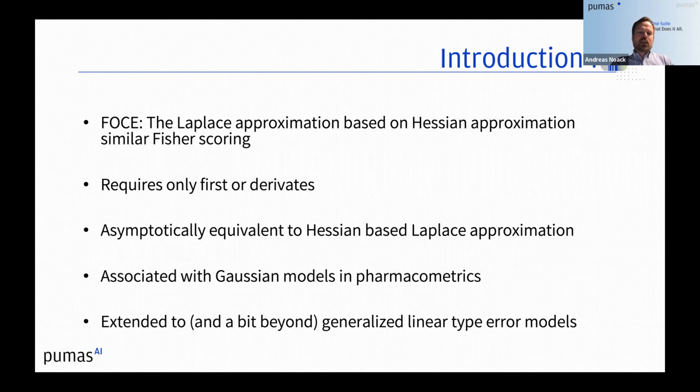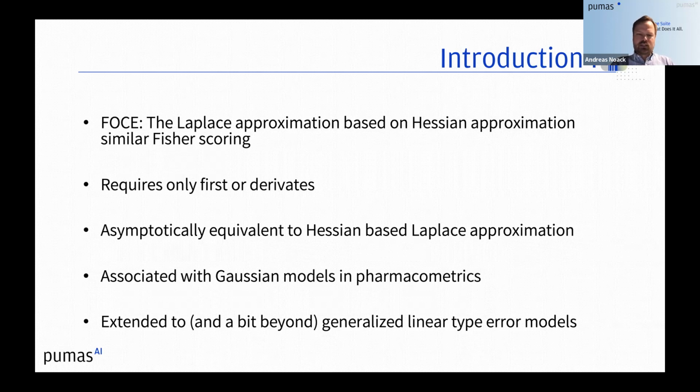So historically, the FOCE approximation has been associated just with Gaussian models in pharmacometrics. Outside of pharmacometrics, the Laplace approximation has been used more broadly, but the Gaussian models have become very popular and are completely dominating the field of pharmacometrics for various reasons.